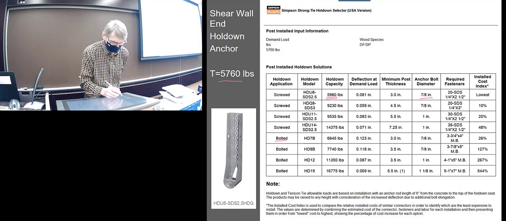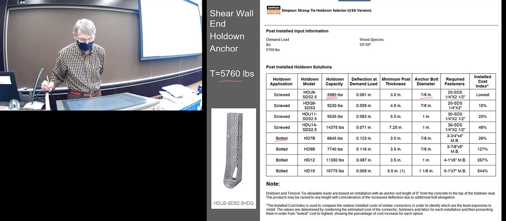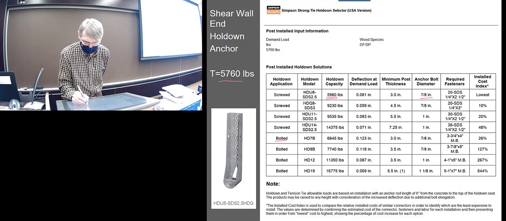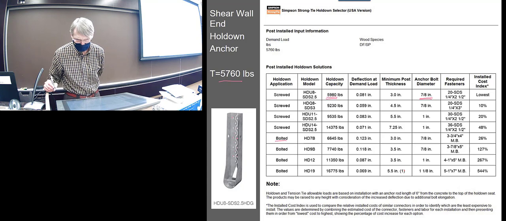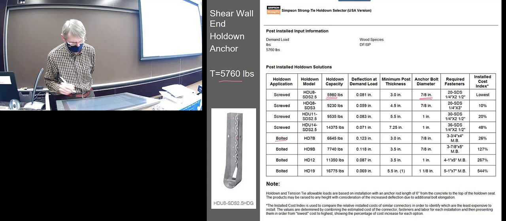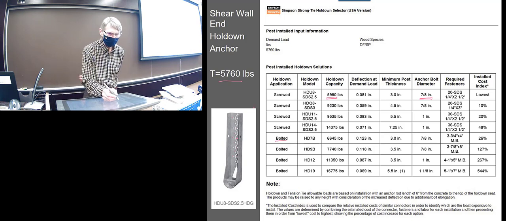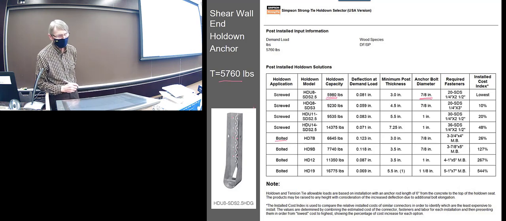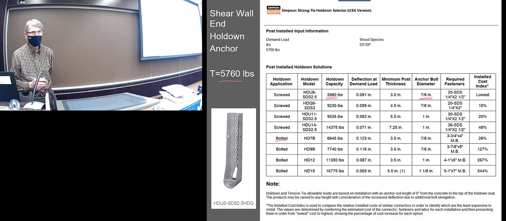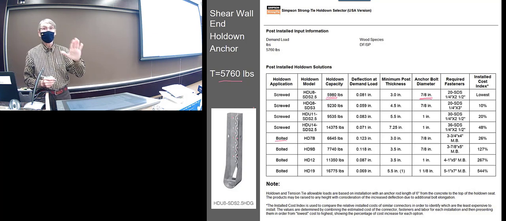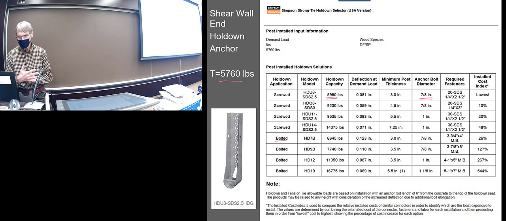I guess this is the part that's screwed, and this is going to be bolted, 7/8 inch, which I guess is cast into the slab, whatever their requirements. But you'd have to look at their literature to see exactly what installation requirements they specify, because it's all proprietary on their product there.